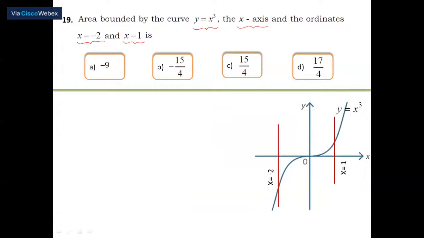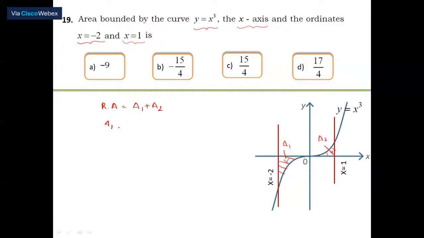So here what is asked is the area bounded by the curve y is equal to x cube, the ordinate x is equal to minus 2 and the x-axis, and also the area bounded by the curve y is equal to x cube, the ordinate x is 1 and the x-axis. So let us consider these as areas A1 and A2. So for us, the required area is the sum of these two, that is A1 plus A2. Now let us find A1 and A2.